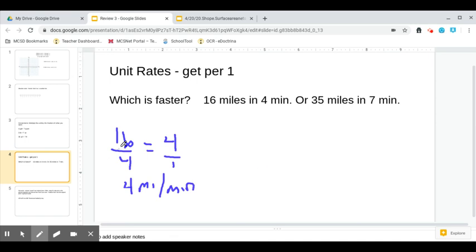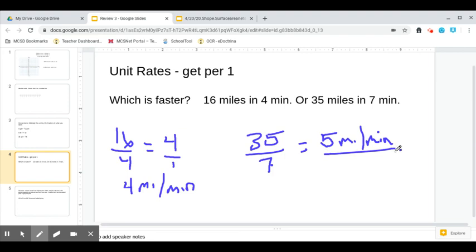Or I can always just do, instead of thinking of it as a fraction, 16 divided by 4 is 4. So over here I have 35 miles per 7 minutes. 35 divided by 7 is 5. This is 5 miles per minute.